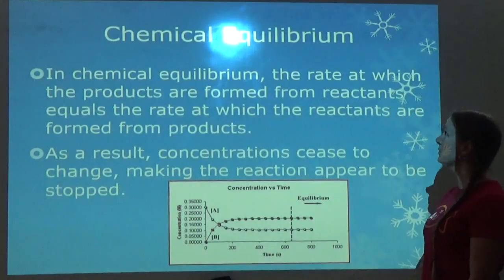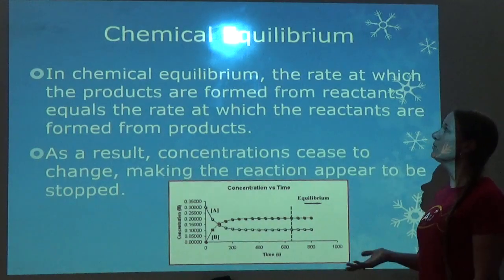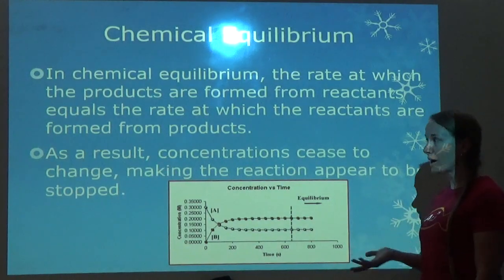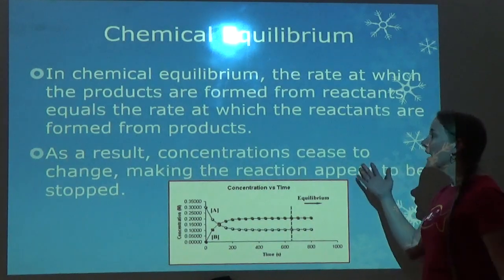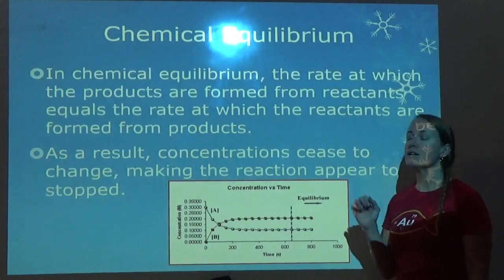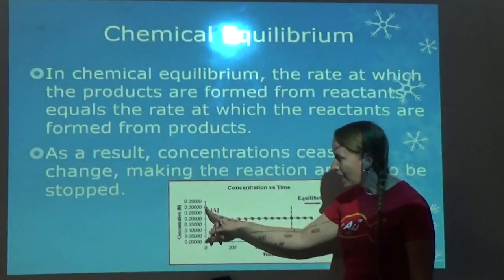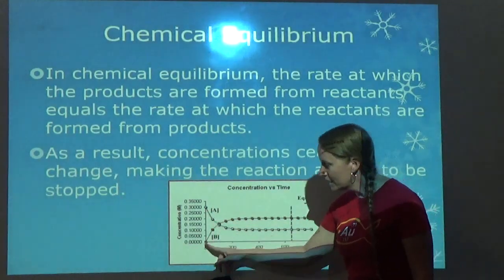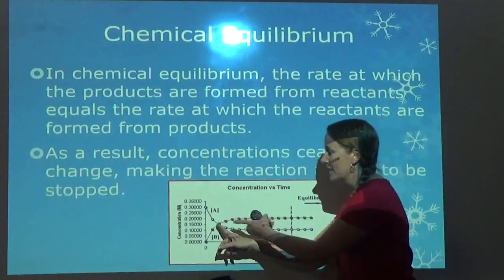So in chemical equilibrium, the rate at which the products are formed from reactants equals the rate at which reactants are formed from products. So that's why you'll see the double arrow in the reaction. As a result, concentrations cease to change, making the reaction appear to have stopped. What happens is our reactants start decreasing, our products increase because reactants turn into products.